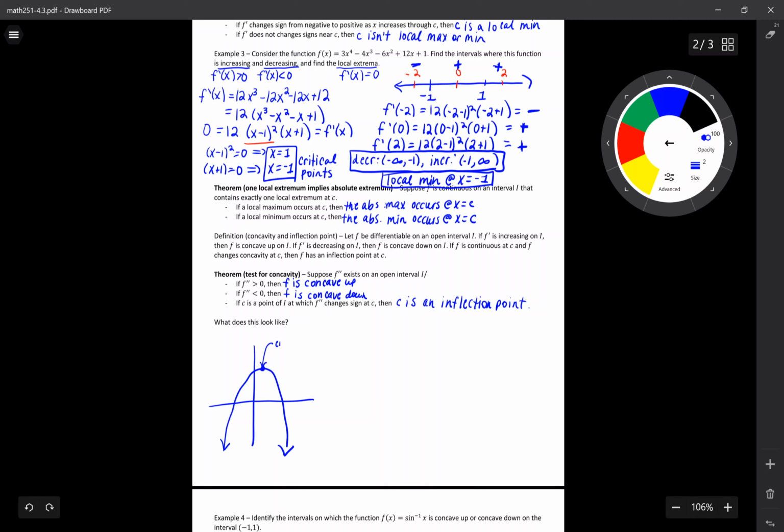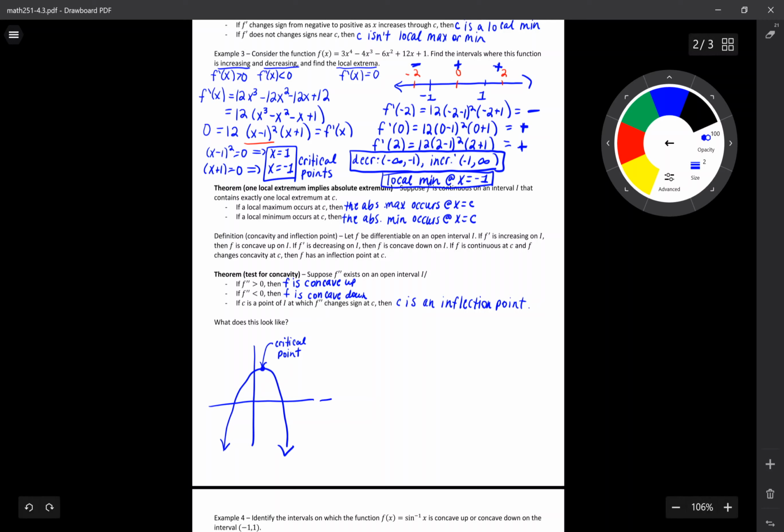In this case, local max. Critical point. But this is what it means for a function to be concave down. In this particular example, our function is concave down the entire real line. So it looks like a function is concave down when it looks like an upside down U, basically.